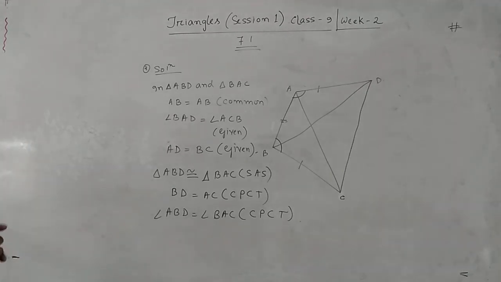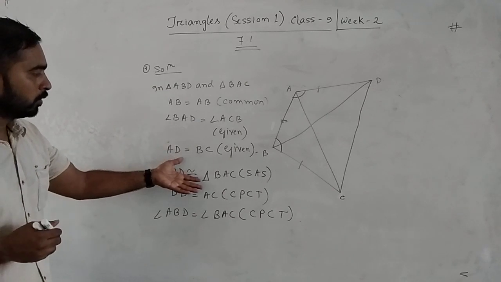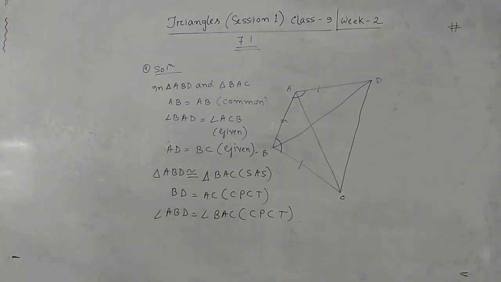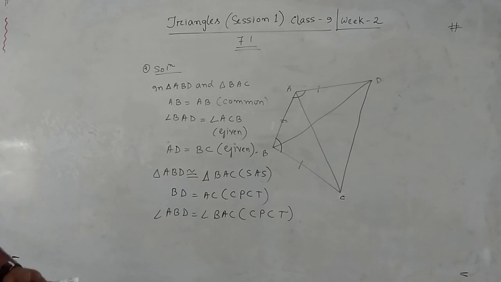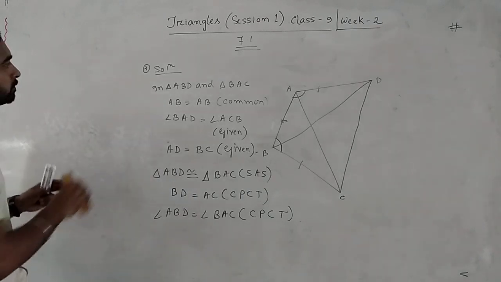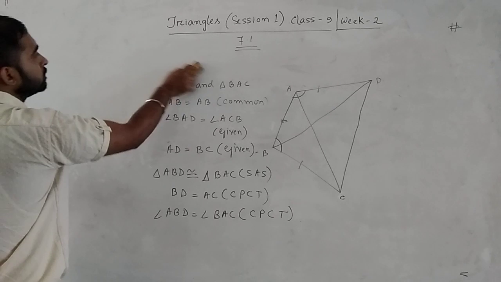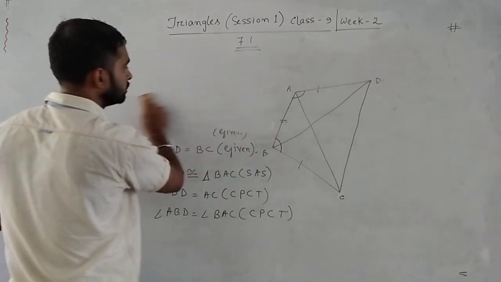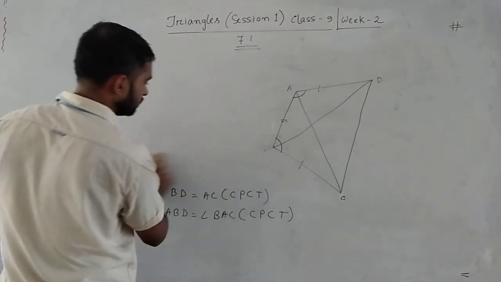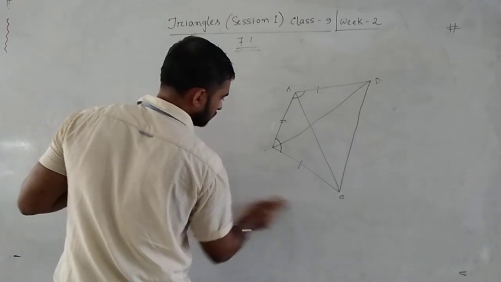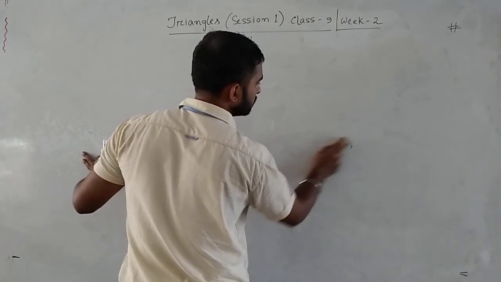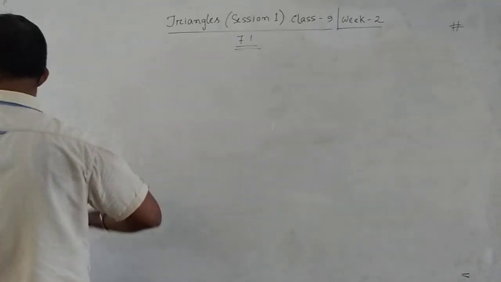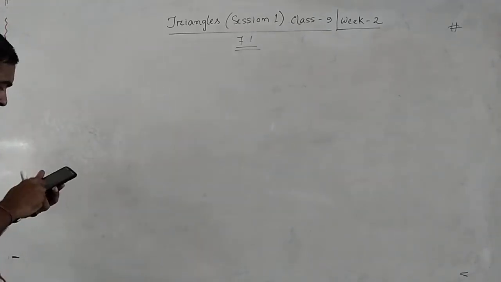We have to find out them and put there, then congruent, then simply CPCT. Now question number 3.